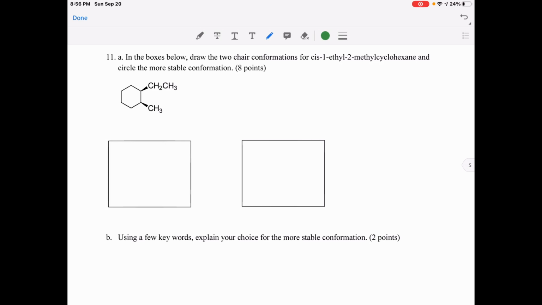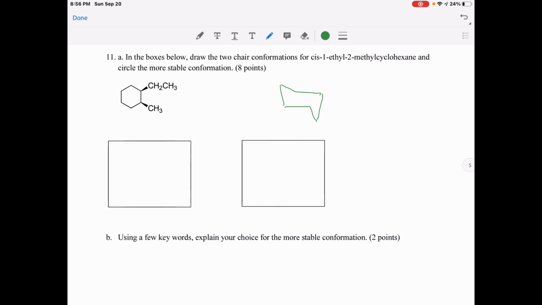For the sake of space, I'm going to draw them out here, outside the boxes. Let me draw the chair conformation first, right? That is the most stable position for a cyclohexane ring.